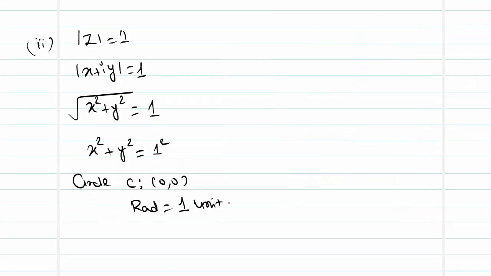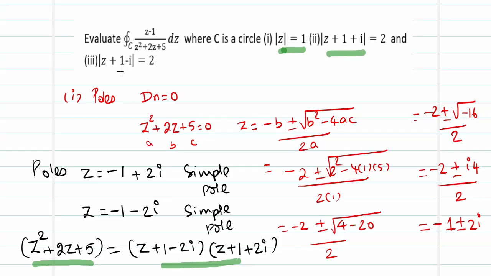Now moving on to the third subdivision. What is going to be the third boundary for me? The third boundary is given by modulus of z plus 1 minus i equal to 2.